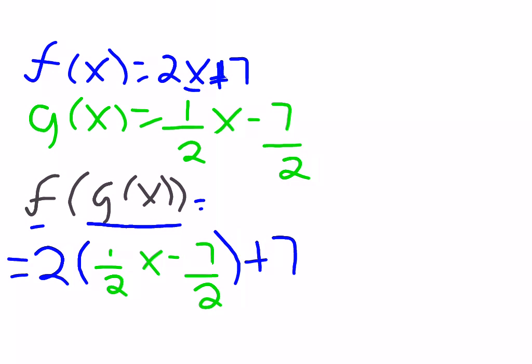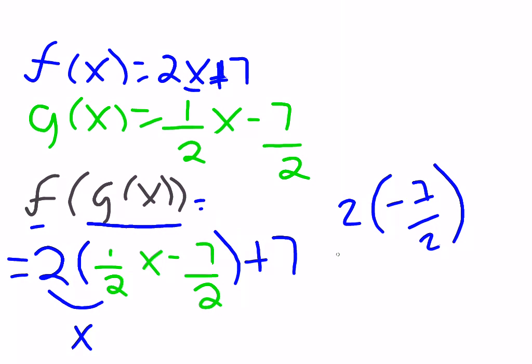Let's solve. Let's distribute our 2. So 2 times 1/2 x is just 2 over 2x, which is just x. 2 times negative 7/2 is what? Hang on.